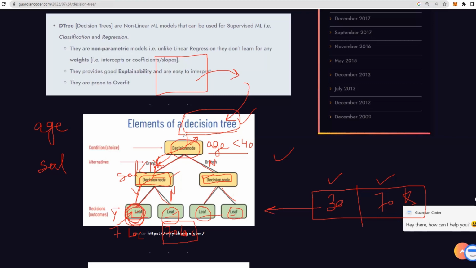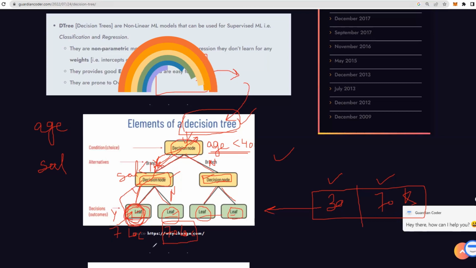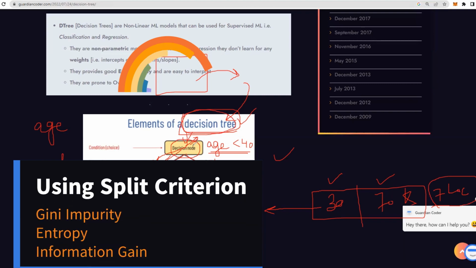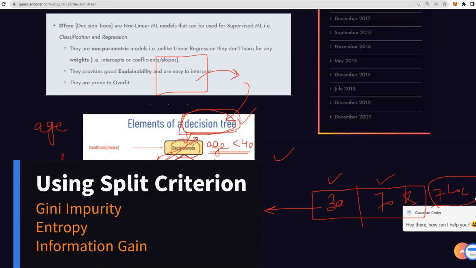We start from the root node and check whether this person's age is less than 40. Salary is less than 1 lakh. Finally we land here, and whatever is the value at this position, if it's a number, we will say he's eligible for a 7 lakh loan. So we all understood that the output of the training phase is going to be a decision tree. But how that decision tree is built is based on some mathematical calculations.